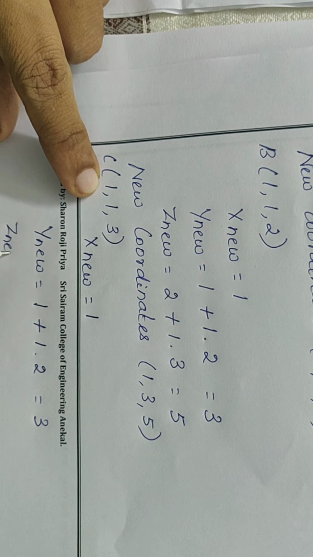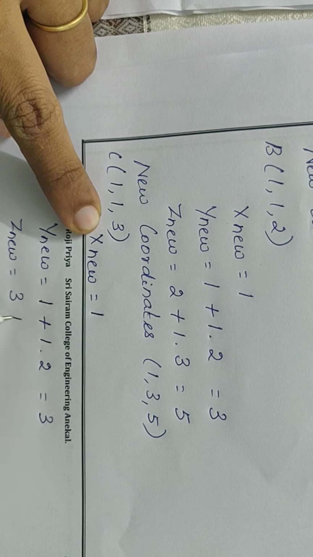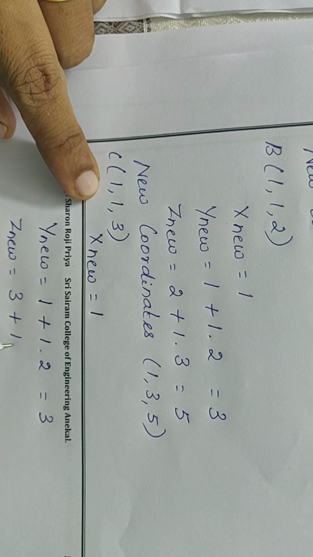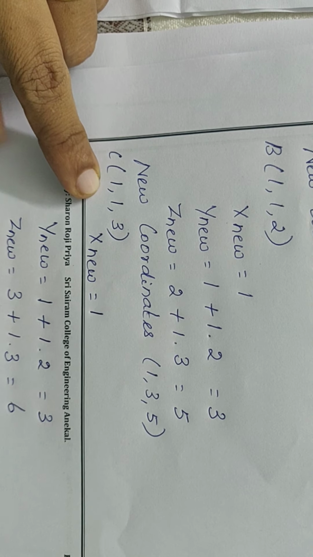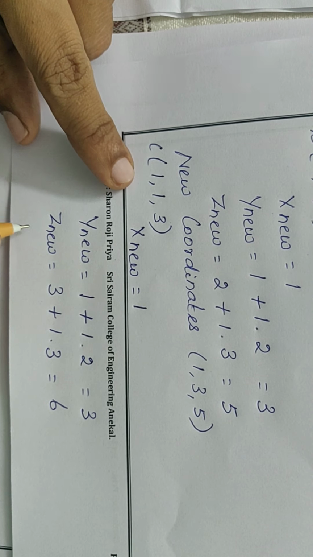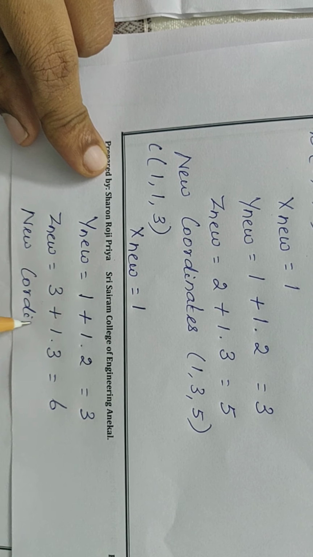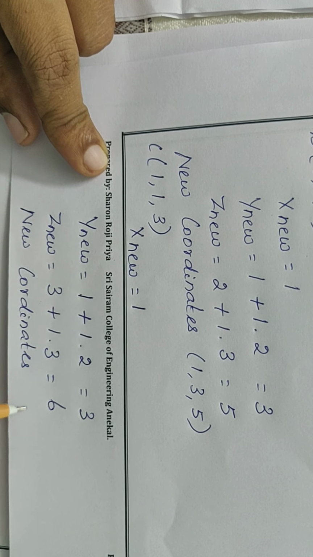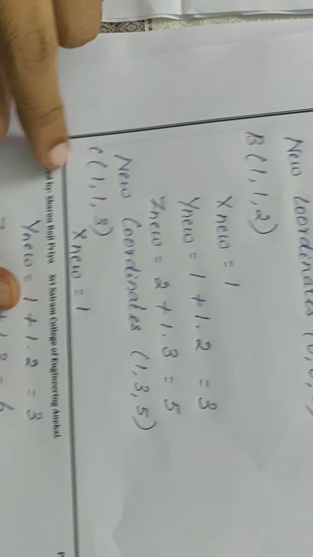Z new is equal to z old, which is 3, plus x old, which is 1, into shear factor along the z axis, which is 3. So I'll get 6. So the new coordinates are 1, 3, 6.